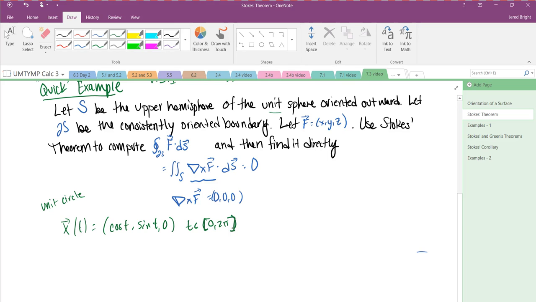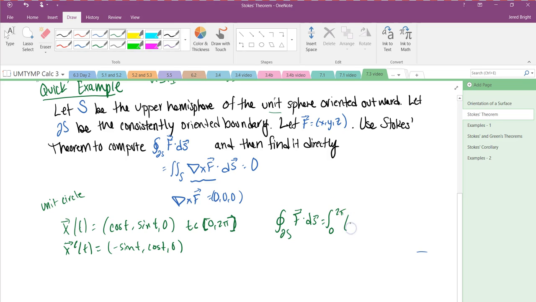Then we have to find x prime, so we get negative sine t, cosine t, and 0, with the same bounds. Then when I look at the line integral over the boundary, F dot ds, this is going to be the integral from 0 to 2 pi, and I have to do the composition here.